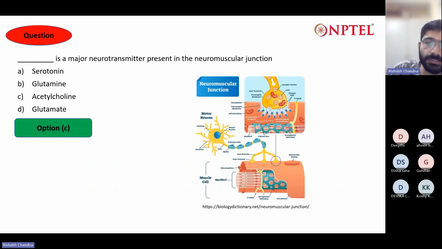So as you can see, this yellow thing is a motor neuron. Okay, all this is the perfect diagram of a motor neuron, and this is the muscle cell. Now, for example, the skeletal muscle cell, when we have to move a muscle or we have to move a hand, our brain will send the signal to the muscle.